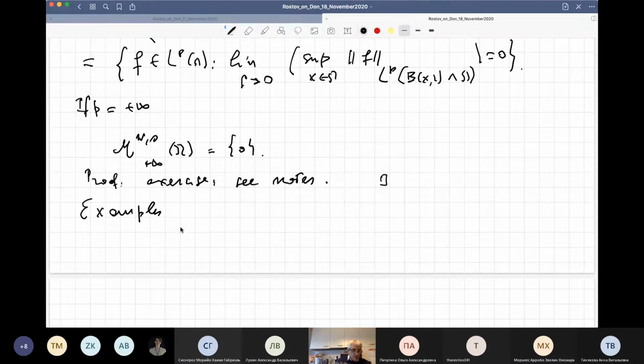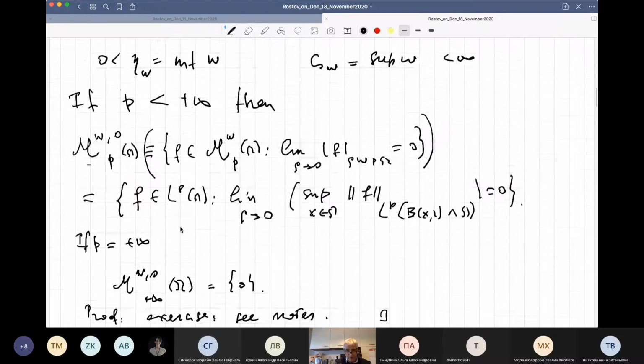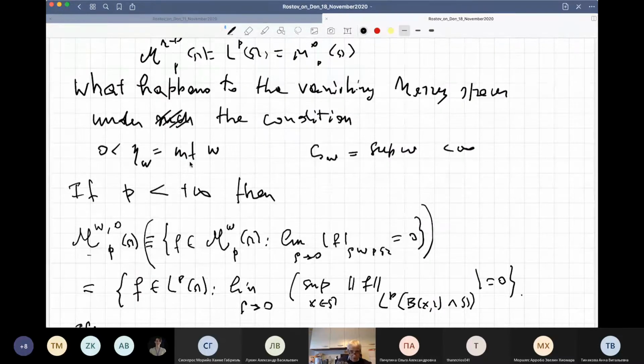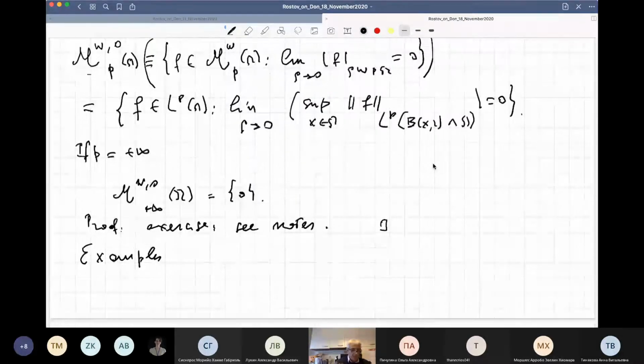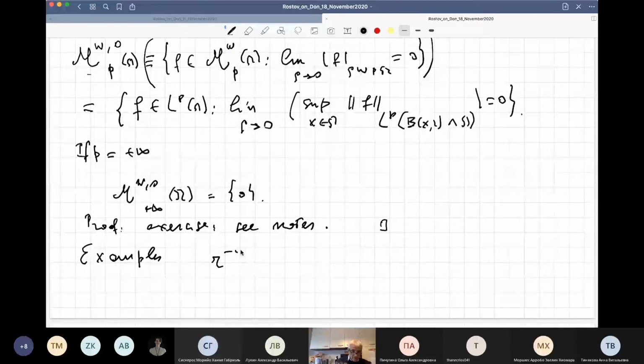And examples, our preferred examples. So we have to look at weights, do you remember, which enjoy this property that the infimum is strictly positive and the supremum is less than plus infinity. And our preferred examples are r to the minus 0, equal to 1, equal to W1, W0.